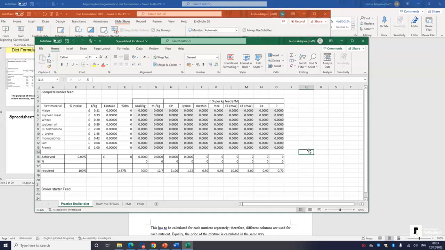Where, for example, will you get information about what their nutrient requirement will be? I'm talking of broiler chickens, birds. Where will you get information about the nutrient requirement of the animals? For your pig, for your cattle?